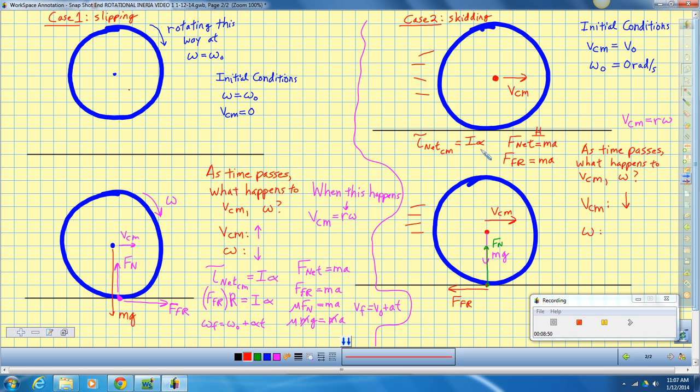What forces are exerting torques? Not normal force, it acts parallel to the radius. Not gravity, there is no radius. But friction acts at a right angle to the radius. So I get a torque of force of friction times that radius equals I times alpha. This is constant, which is going to give us a constant alpha. This is constant, which is going to give us a constant a.